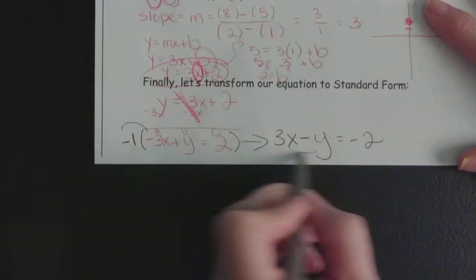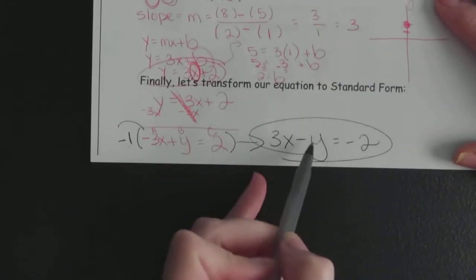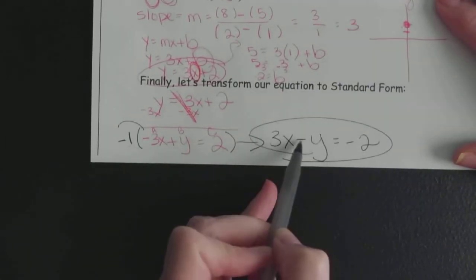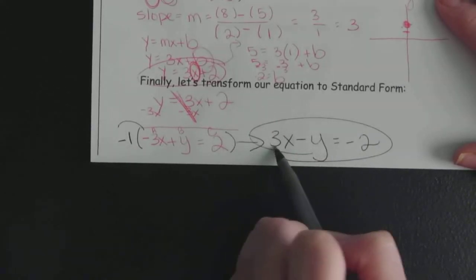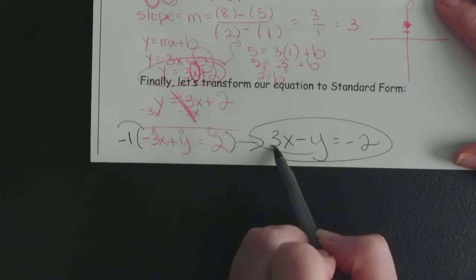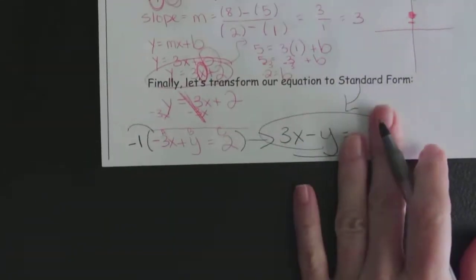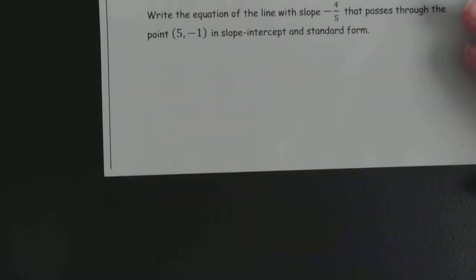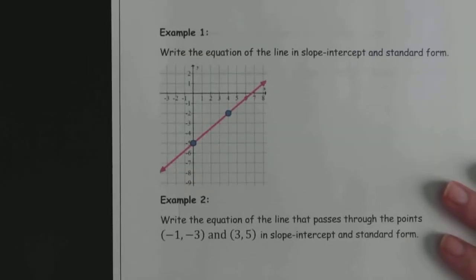Negative times positive makes negative y. And negative times positive is negative 2. And so this is standard form. All three of these are integers, 3, negative 1, and negative 2. But this integer is positive. So this is my standard form.